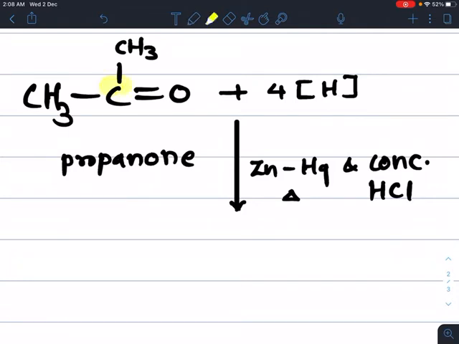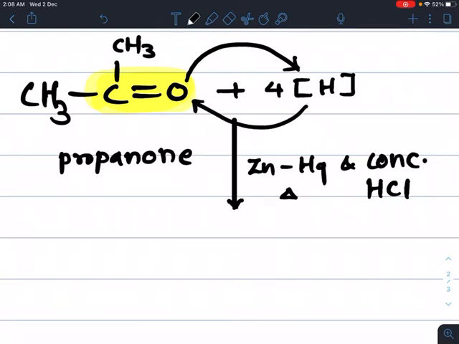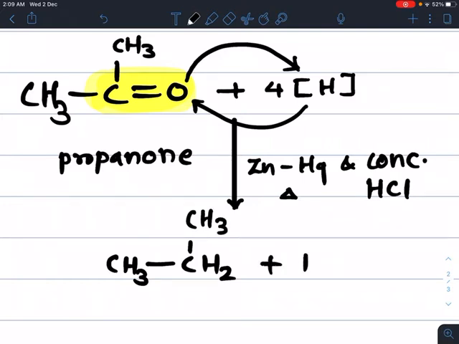Here the removal of oxygen takes place from the CO group and the addition of hydrogen. We get CH3, the CO group is converted into CH2, and this CH3 as it is, plus H2O is removed as a byproduct.